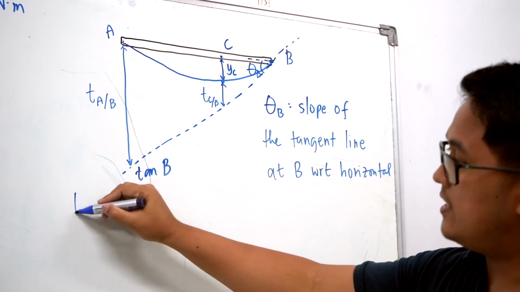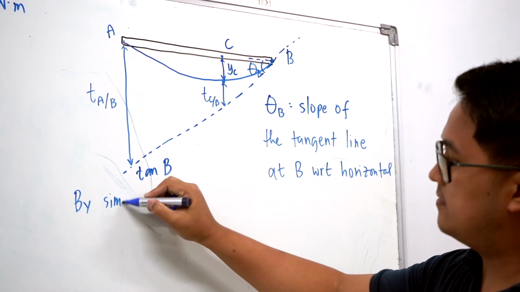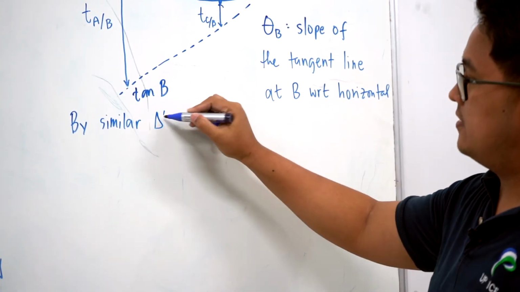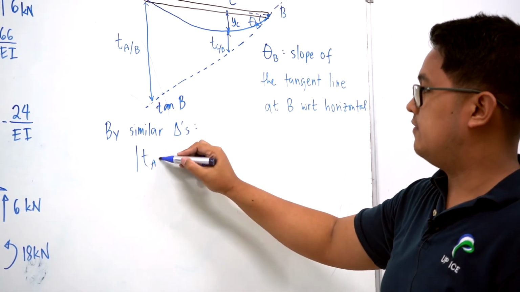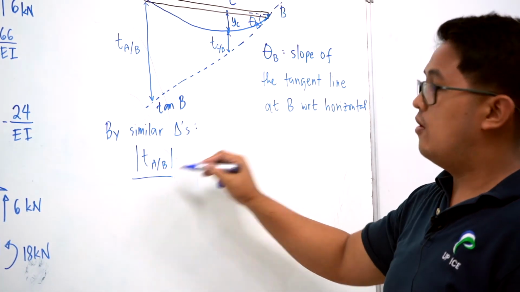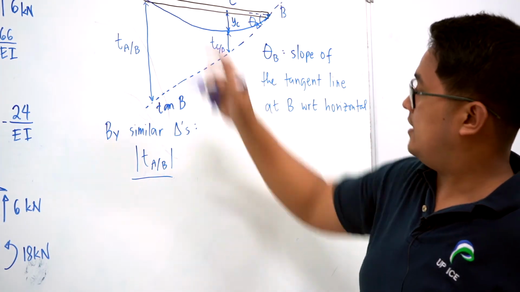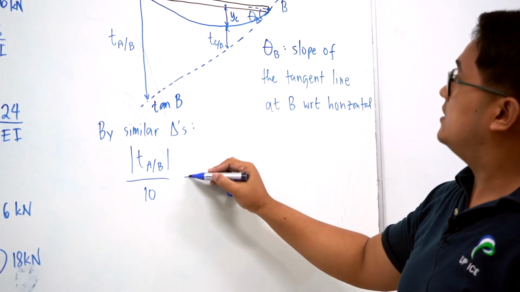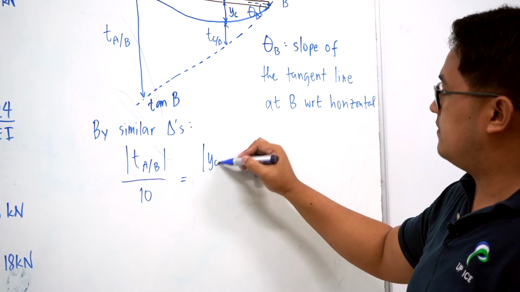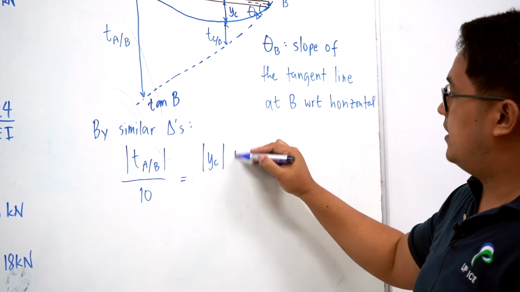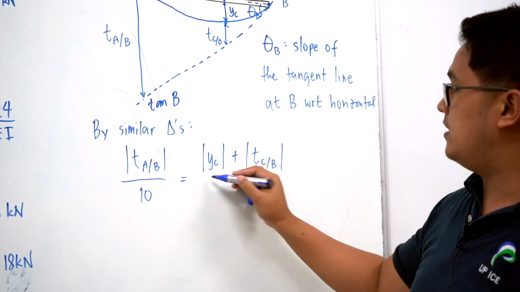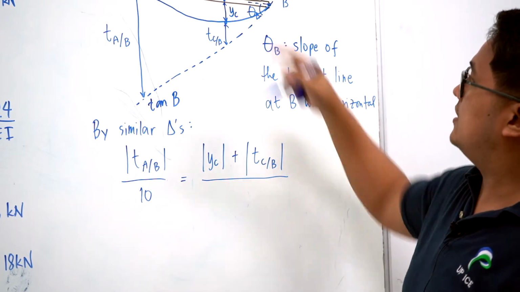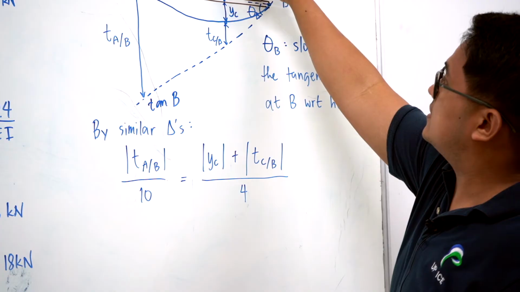So, looking at these similar triangles, we can create a relationship between T of A with respect to B and T of C with respect to B. By similar triangles, the magnitude of T of A with respect to B over this entire length, which is 10 meters, is equal to the magnitude of the deflection of C plus the magnitude of the tangential deviation of C with respect to B over this distance, which is 4 meters.